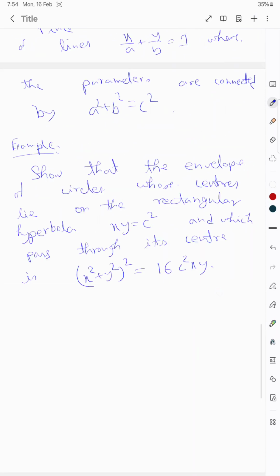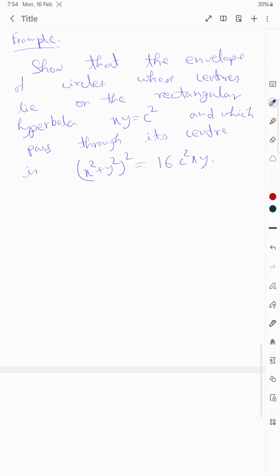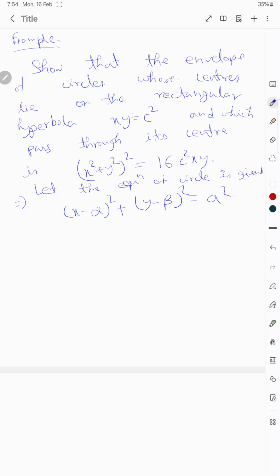Basically what is given, you have an equation of a circle. So you know the equation of the circle: x minus alpha whole square plus y minus beta whole square equal to a square. This is the general equation of a circle, right? Now you know the center is alpha comma beta.